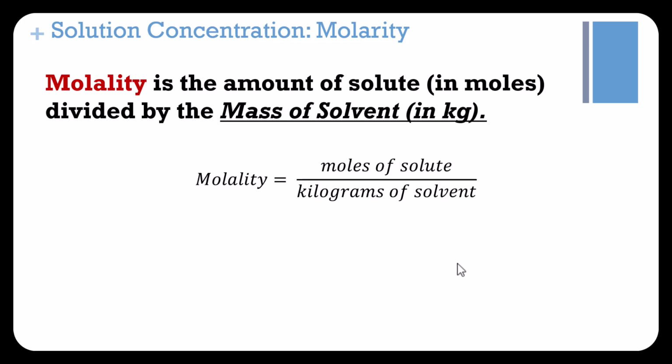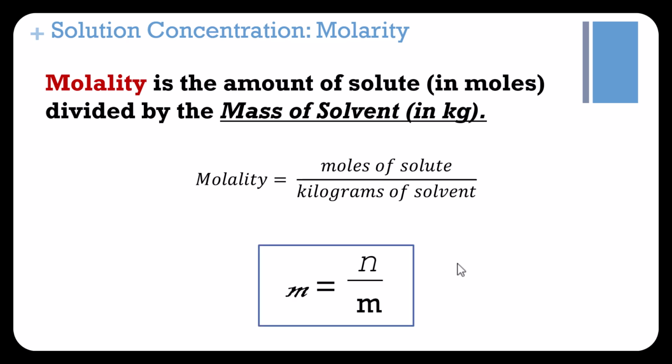The formula for molality, we've used a lot of M's and N's in this class, but the formula for molality is kind of like a cursive or italic M. It has one extra little bump in it, but that's what we use. It's a lowercase italic m. And then it's number of moles divided by the mass of solvent, so that's kilograms of solvent.